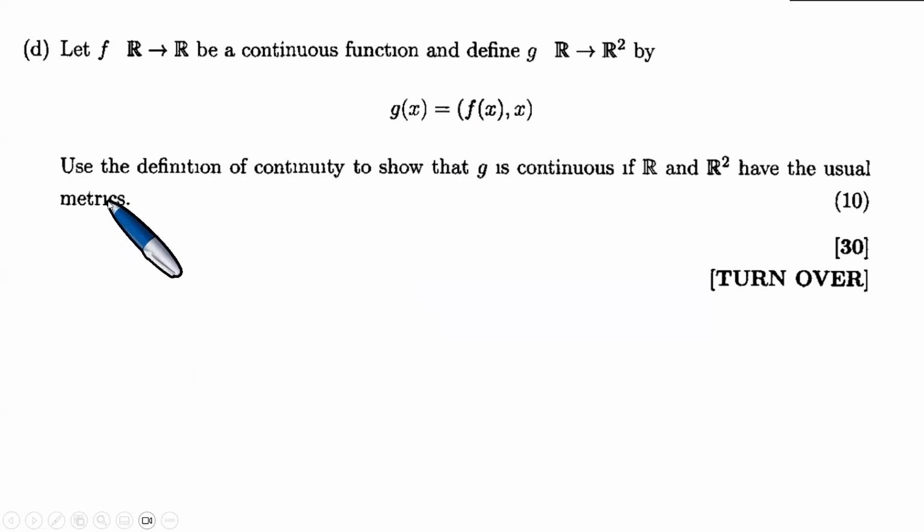Use the definition of continuity to show that G is continuous if R and R2 have the usual metrics. So now I'm going to prove that G is continuous.